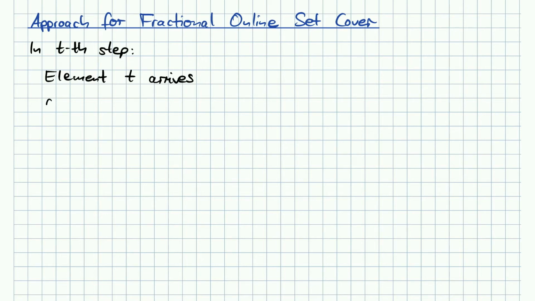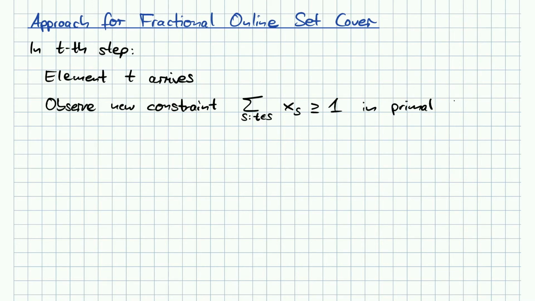So we observe a new constraint which requires that the sum of the x_s, where s are all sets that contain t, has to be at least 1. This is happening in the primal LP.